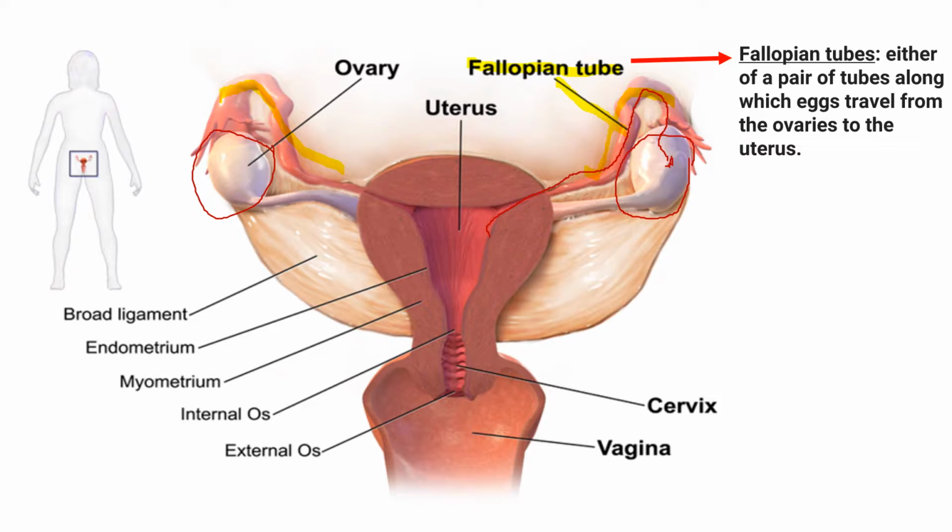And if it is not fertilized, then that's the monthly menstruation process, where the blood lining that's formed here to support the egg, that is, if it was fertilized, is then shed. So again, two ovaries, two fallopian tubes.